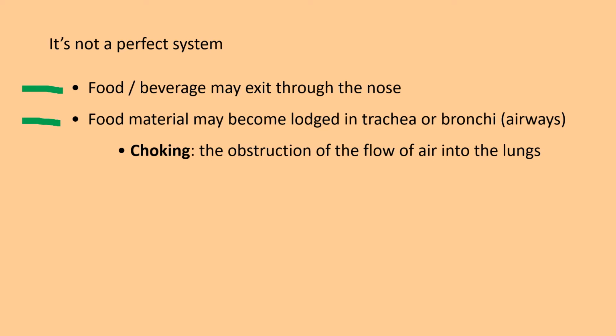We want to raise the pressure inside the thoracic cavity in order to get that food material to move from an area of high pressure to an area of low pressure. And when abdominal thrusts are successful, often there's a popping sound as that food material is dislodged from the airway and it flies out of the person's mouth.